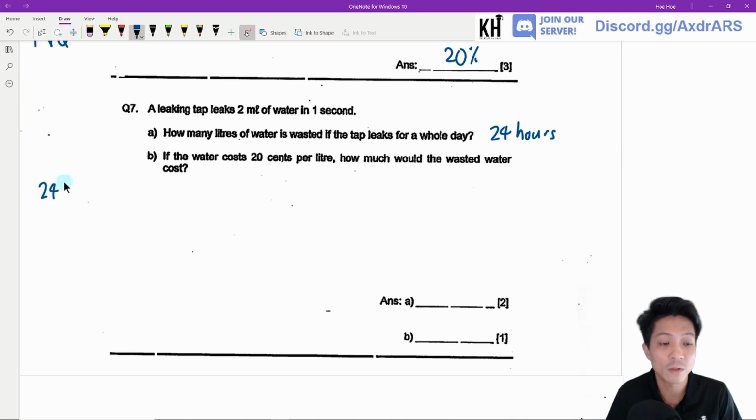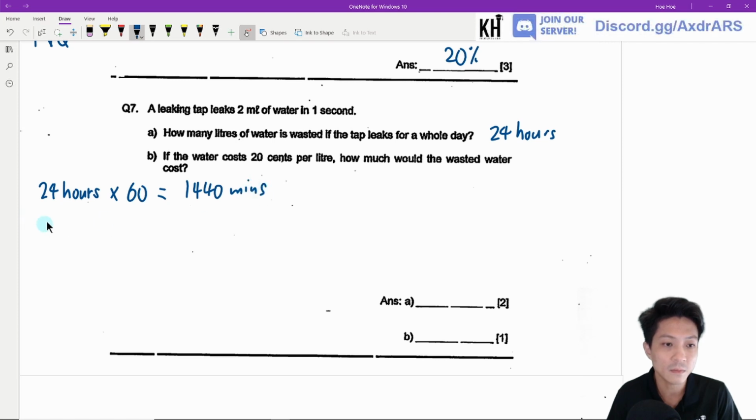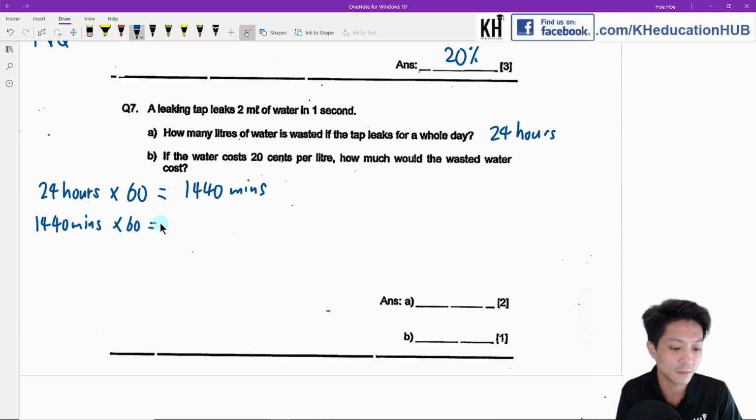If you times 60, it's going to be 1,440 minutes. You times another 60, you will get 86,400 seconds.